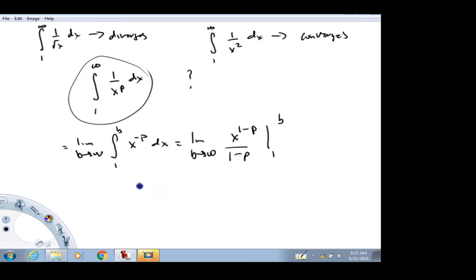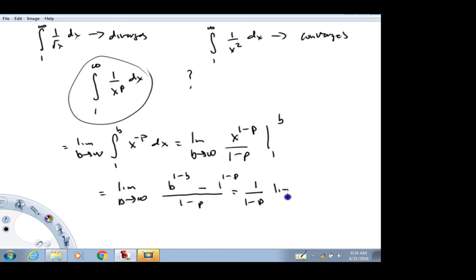All right. We're going to take a look at this. This is going to equal the limit as b goes to infinity of b to the 1 minus p minus 1 to the 1 minus p, and that's all over 1 minus p. Now I'm going to go ahead and take this 1 minus p way out in front of everything because that's some constant for this problem, 1 over 1 minus p.